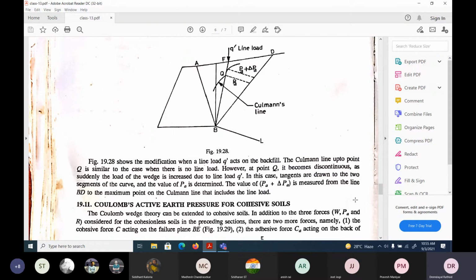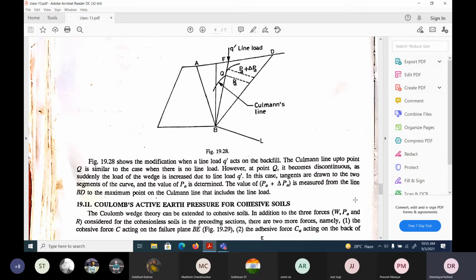However, at the point Q it becomes discontinuous, as suddenly the weight of the wedge is increased due to the line load Q dash. In this case, the tangents are drawn to the two segments of the curve and the value of PA, the active earth pressure, is determined.